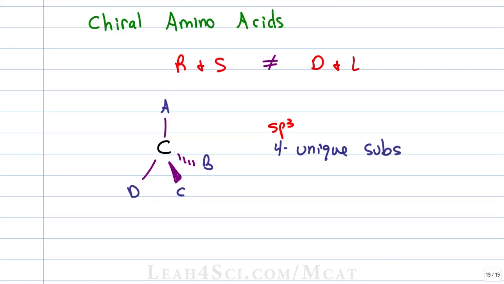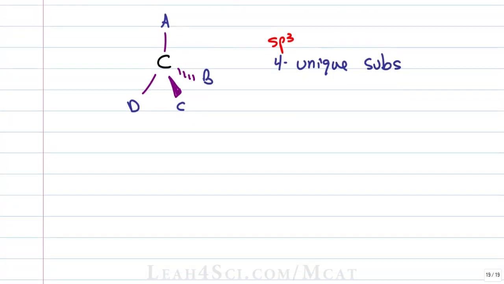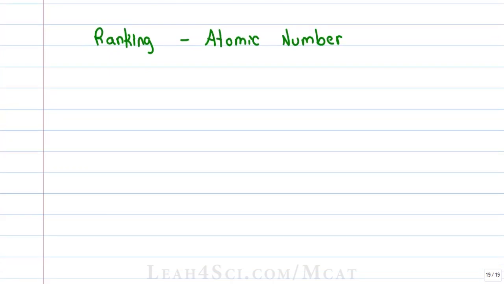To find the chirality, we simply rank the unique substituents from high to low priority, put group number 4 in the back because we're only looking at the 3 highest, and then determine if we go clockwise or counterclockwise when tracing a path from 1 to 2 to 3. The groups are ranked following the Cahn-Ingold-Prelog system, which ranks them from highest priority atom, not group, just the atom attached, to the lower priority.